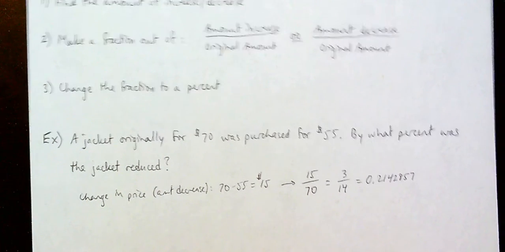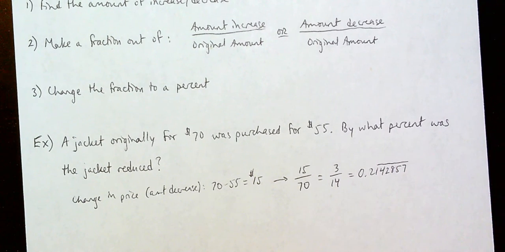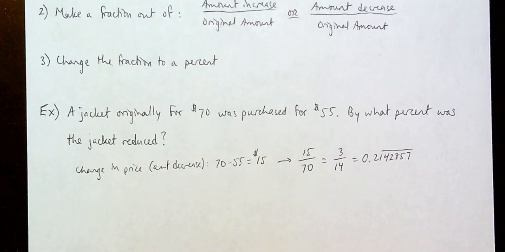And the sequence of 142857 does actually repeat over and over and over. But typically when we're writing percentages, we don't usually go super far out. We'll go to maybe 1, rarely 2 decimal places after the whole number.